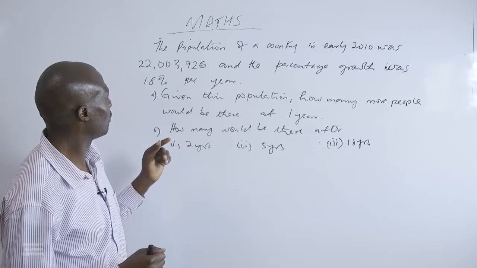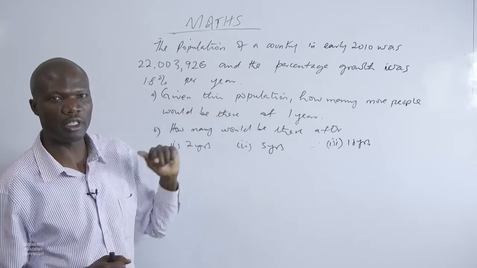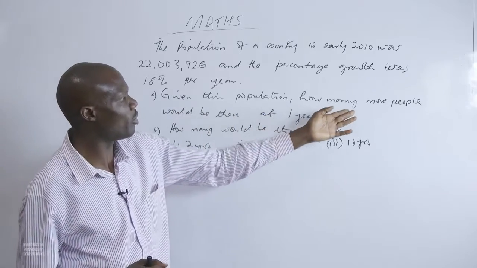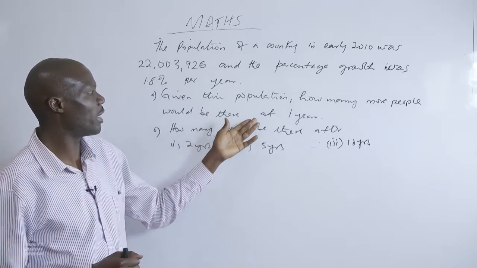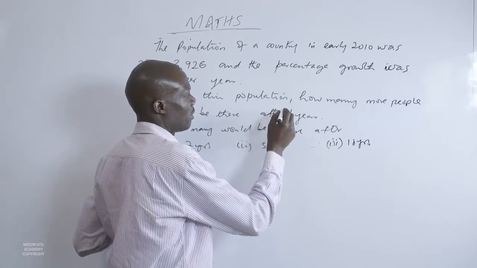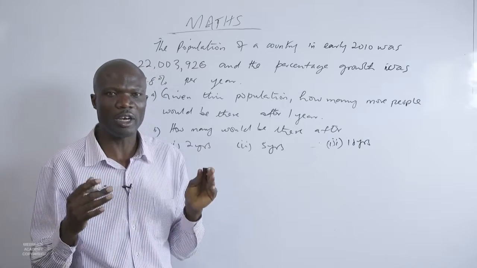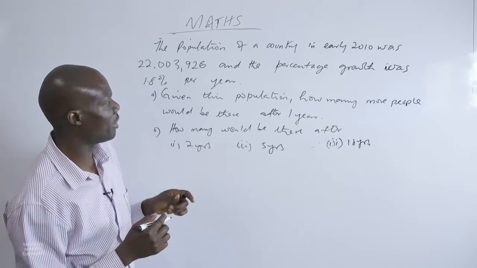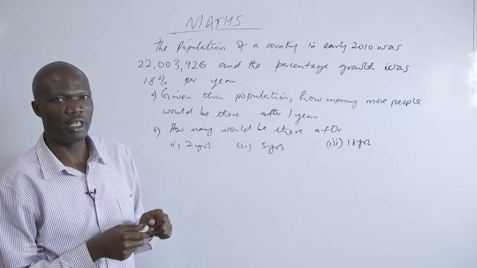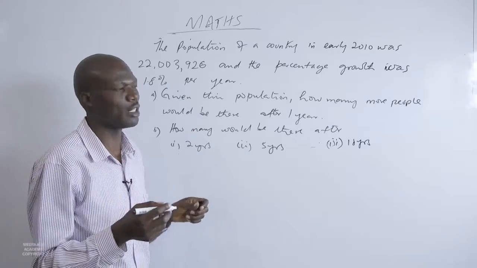So the question is, given this population, how many more people would be there after 1 year? We want to find out after 1 year how many more people would be there. So first we have to calculate the percentage itself.